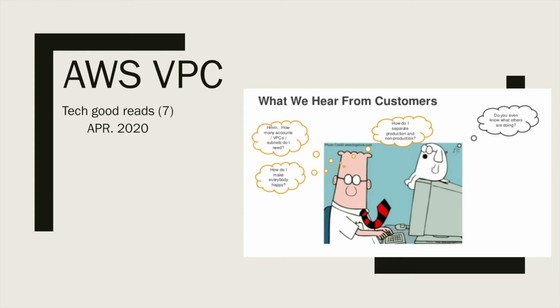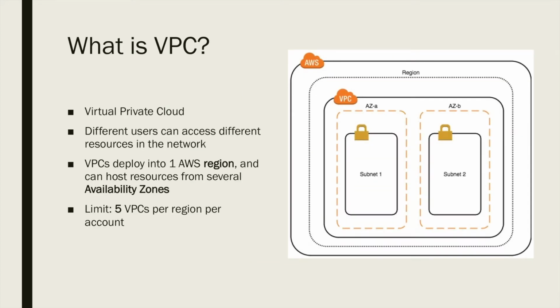In today's program, I will introduce AWS VPC. First, we need to understand what VPC is. VPC stands for Virtual Private Cloud. It's a logical concept that lets different users access different resources in the network.